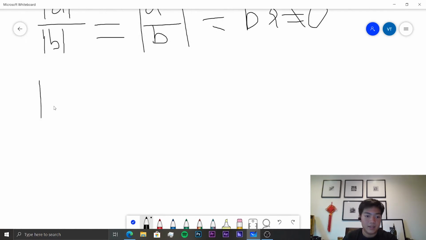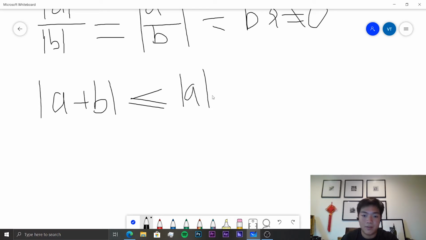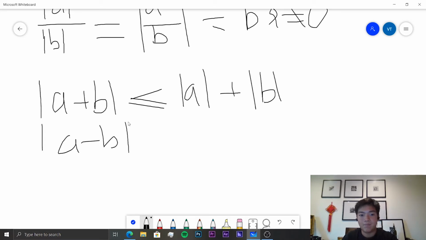If you add two numbers, the absolute value of the sum of two numbers is always less than or equal to the sum of the absolute values of the individual numbers. And the absolute value of the difference between two numbers is always greater or equal to the difference between the absolute values of the numbers.